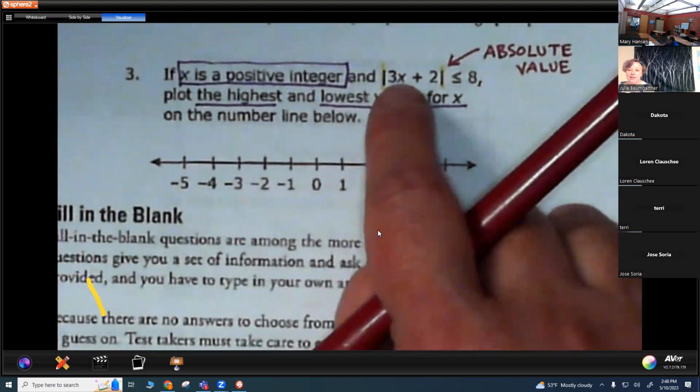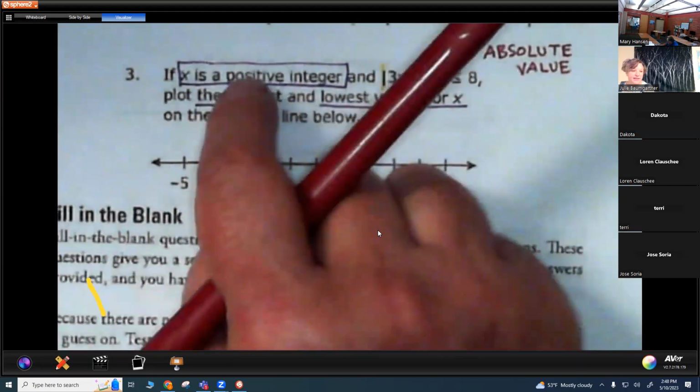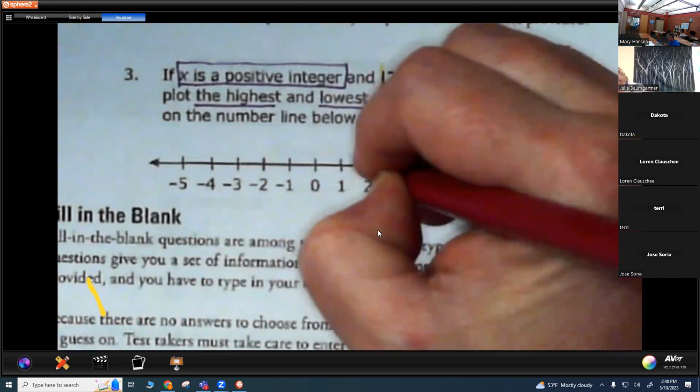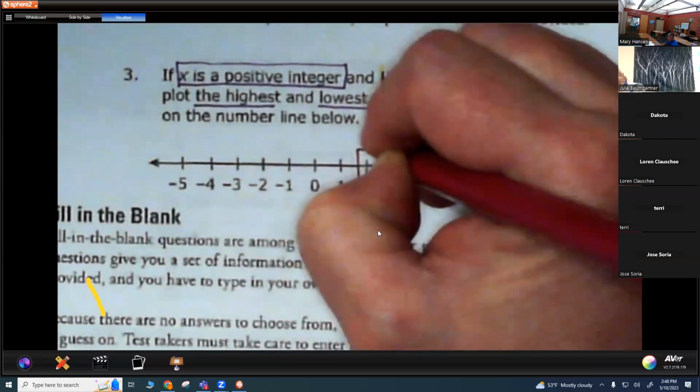Sorry, so when you take the absolute value of something, you are basically stripping the sign and just saying how many units left or right the number represents. So hopefully everyone agrees that 2 is the highest value that X can equal.